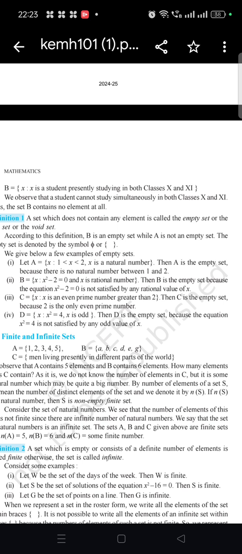Why? Because x square minus 2 is equal to 0 is not satisfied by any rational value of x. Since x square is equal to 2 and x is equal to root 2, which is not rational. So it is empty.